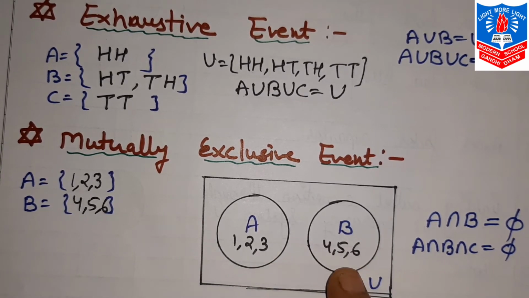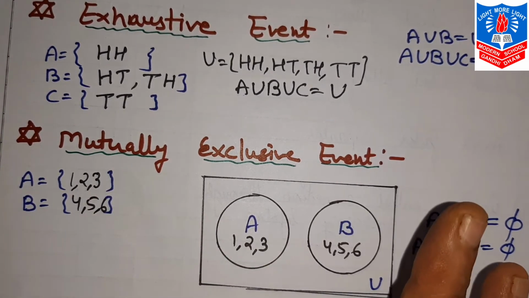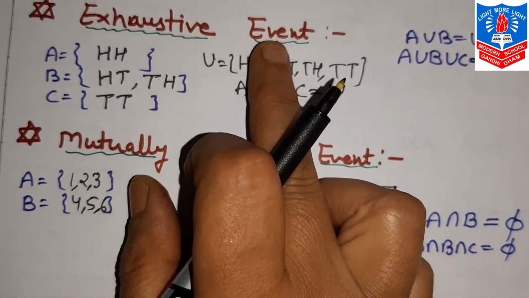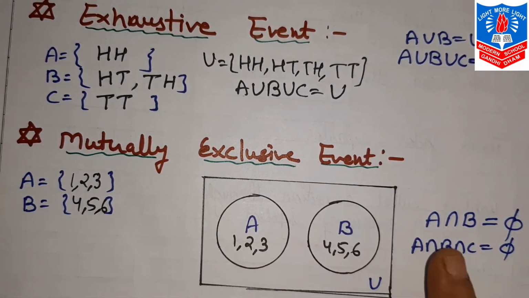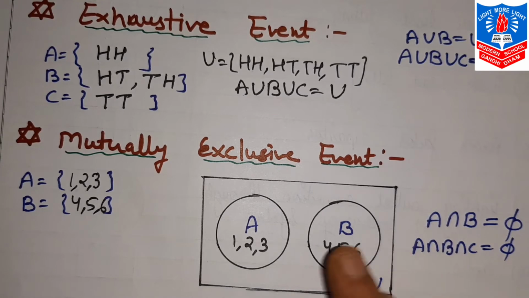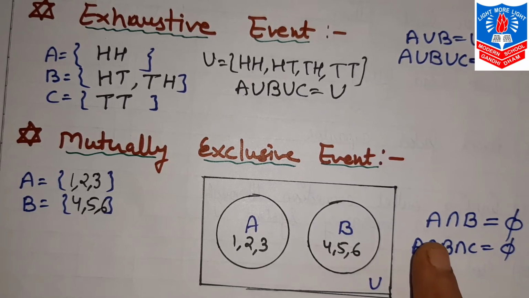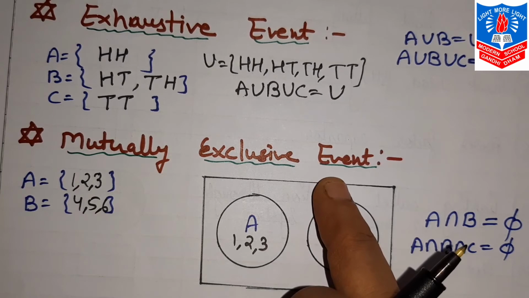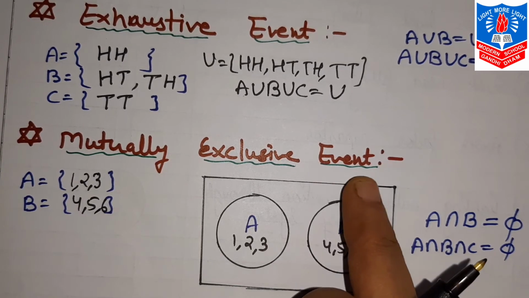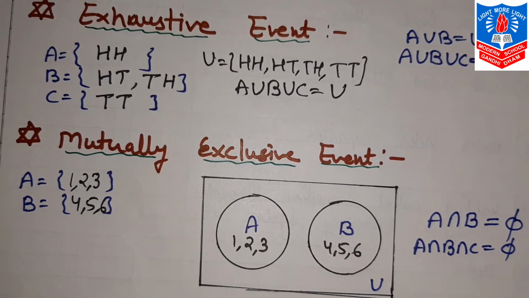So that is known as a mutually exclusive event. Very simple to remember: for an exhaustive event, A union B is equal to U, and for mutually exclusive, nothing is common. Both are independent events, A as well as B; they are not dependent on each other. So A intersection B is the null set, and that is called a mutually exclusive event.